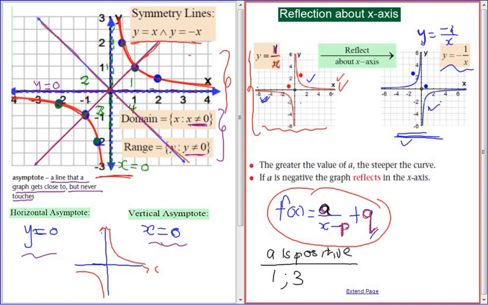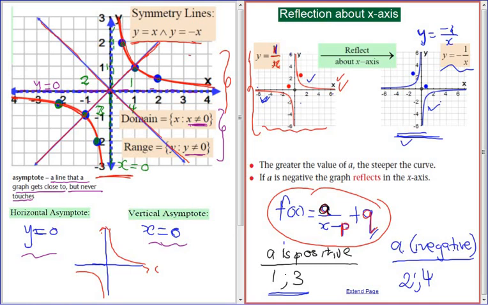That's what you have to pick up. So whenever A is positive, you put your quadrant 1 and 3. If A happens to be negative, writing the whole negative is a lot of work. So if A is negative, you work in quadrant 2 and quadrant 4. I think it's clear to you to see.